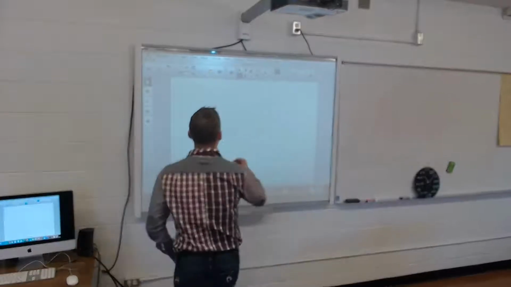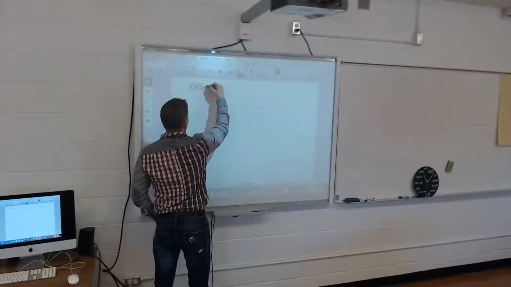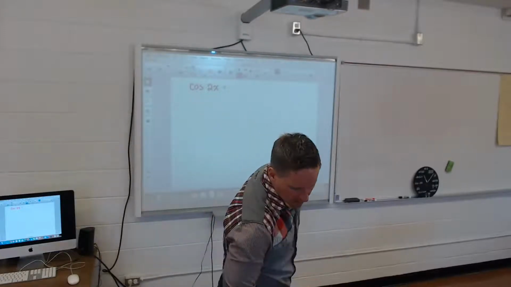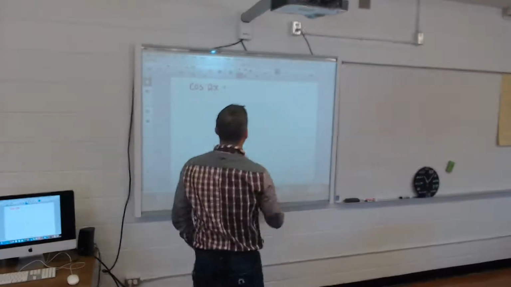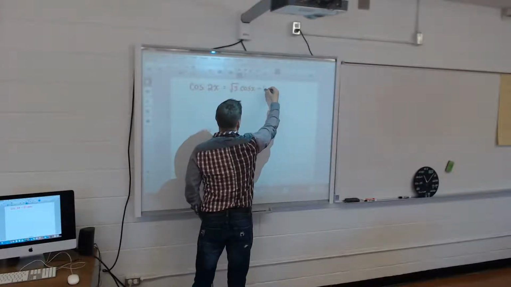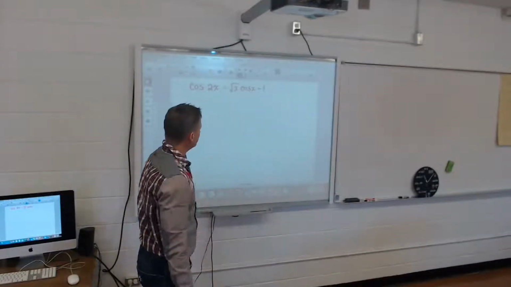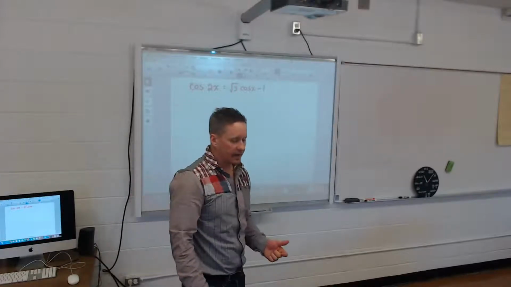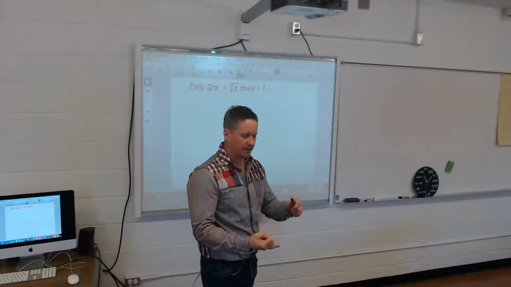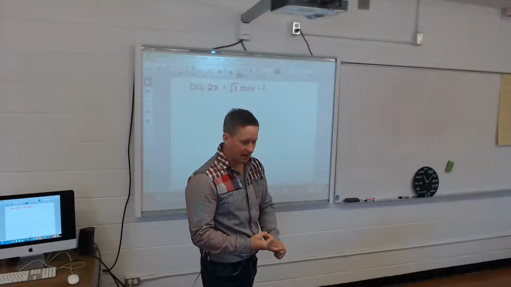So I've got cos 2x is equal to root 3 cos x minus 1. Okay. So the other thing that I have to recognize is I can't work with a double angle and a single angle.